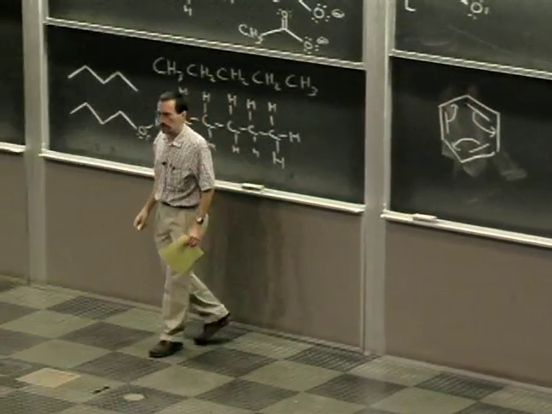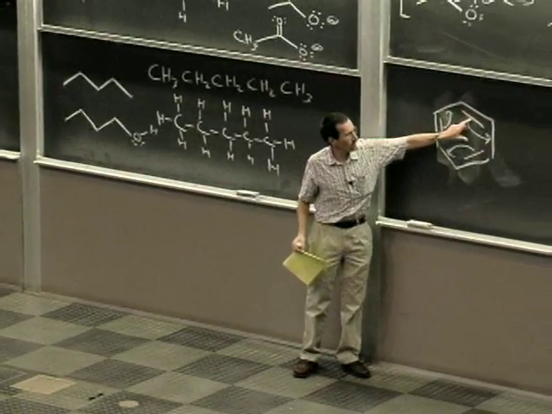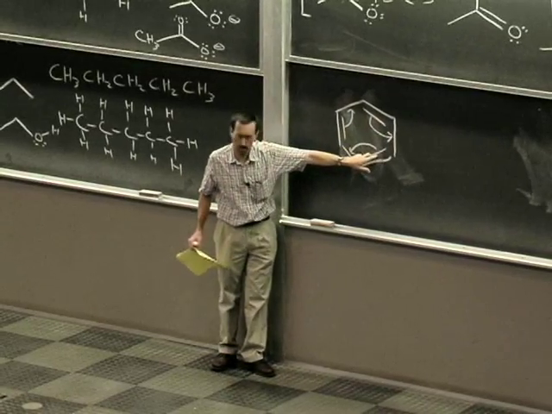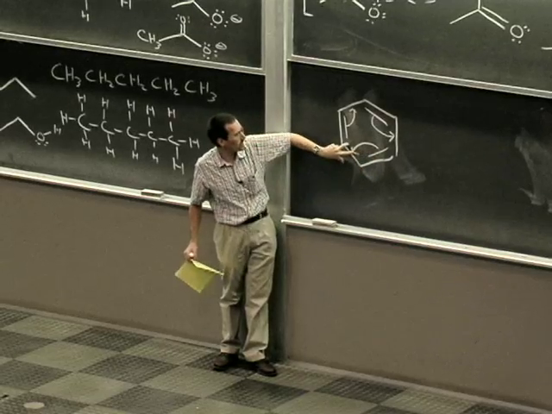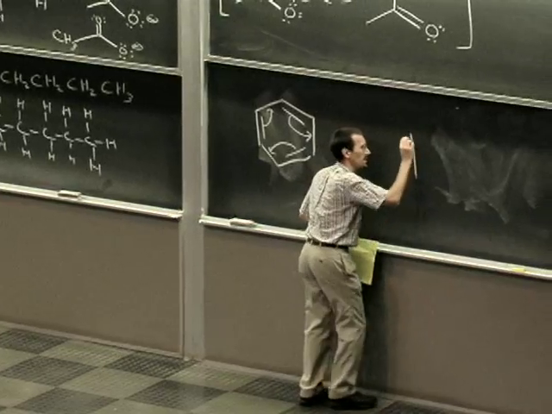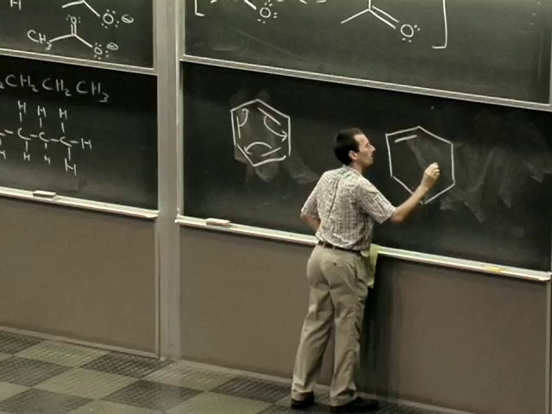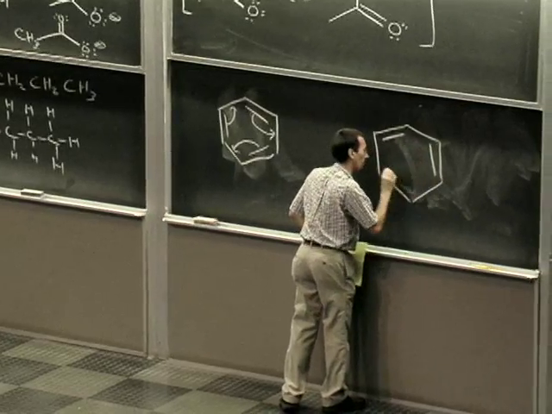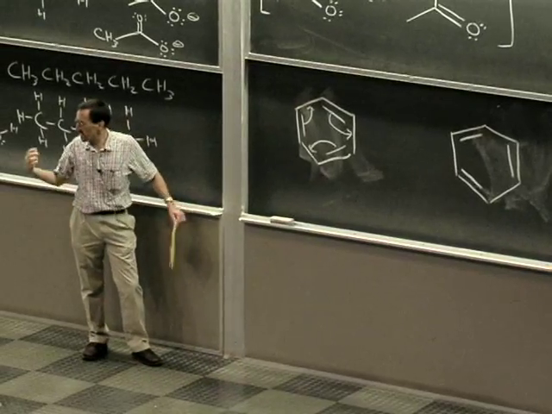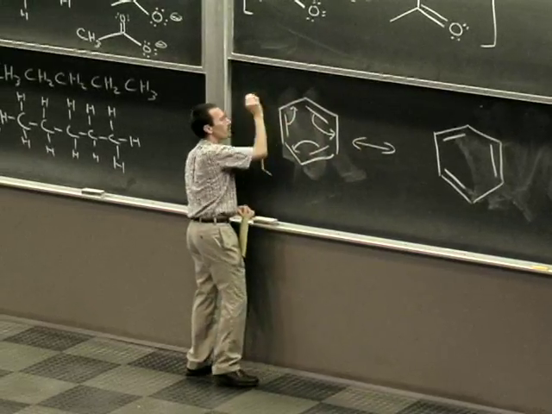Push onward here, and when all is said and done, we've moved this pair of electrons making up the double bond here, this pair making up the double bond over to here, and this pair making up the double bond here, and that takes us to the other resonance structure. And once again, it's not one, it's not the other, it's both at the same time.